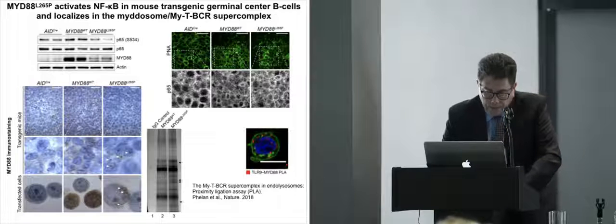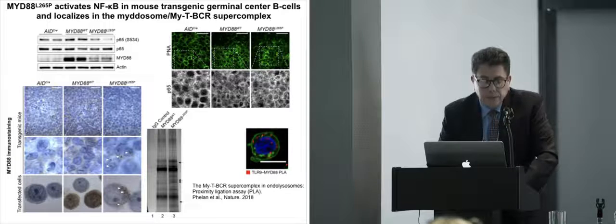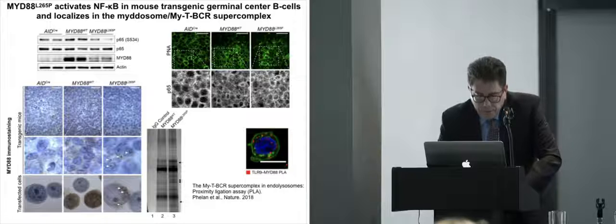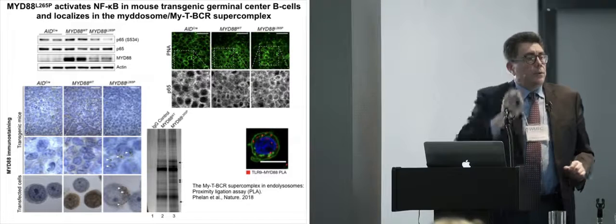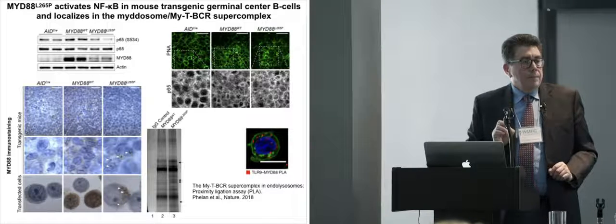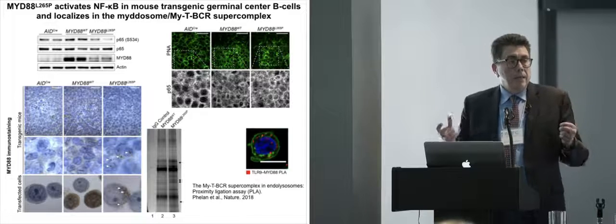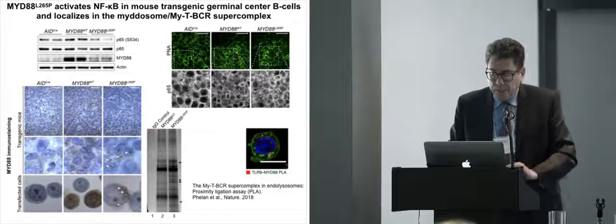And you can see here that the wild-type protein is diffusely distributed in the cytoplasm, but the mutant is present in those granules, cytoplasmic granules. So again, another evidence that the mutant protein is behaving very differently from the wild-type protein.